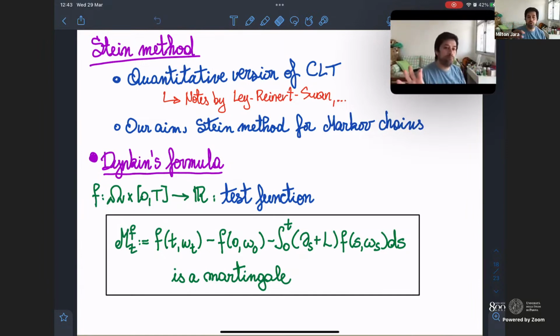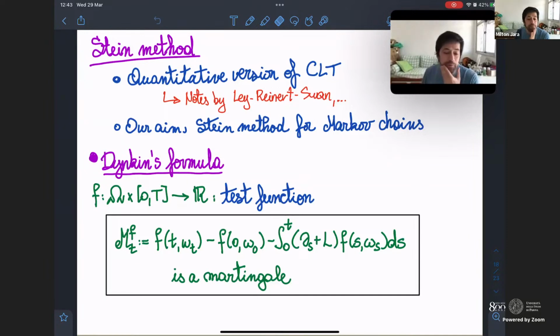Then you show that the martingale converges to what you want, and you prove that the error term is small. That's a very hand-waving way of describing the martingale method.